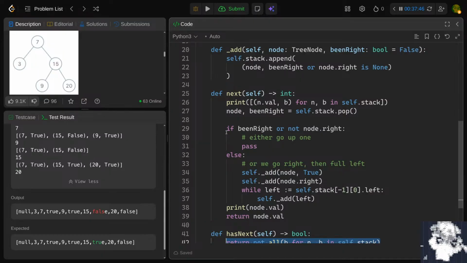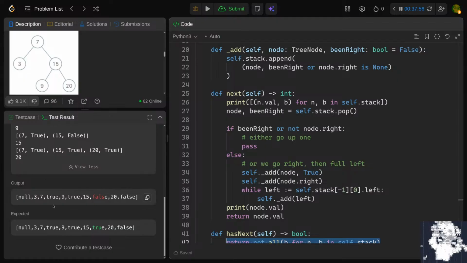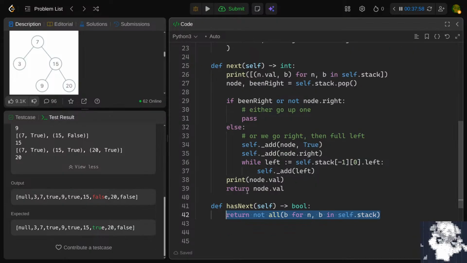So what does our stack look like at the end? It looks like, did I print this?